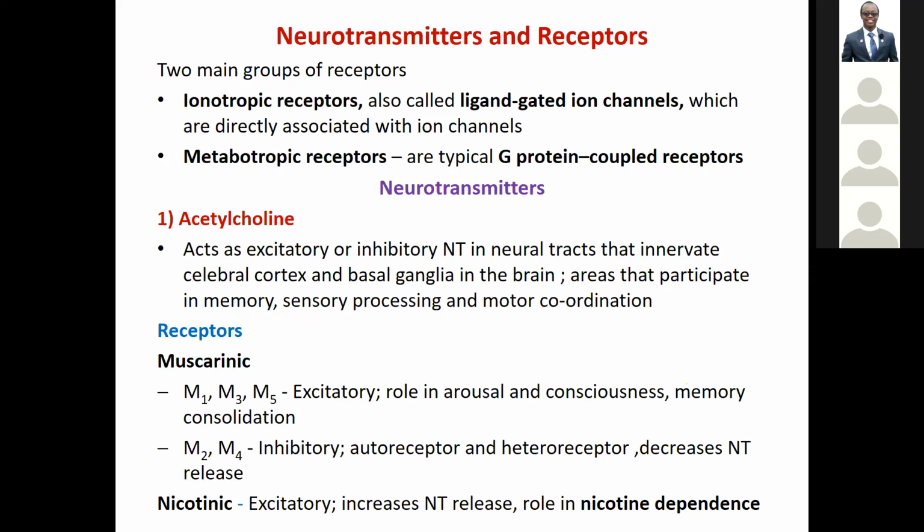Acetylcholine is one of the neurotransmitters. Later, we shall be looking at certain conditions like Alzheimer's, which we have looked at. I'd like you to go through these receptors and understand their role so that when we get to the conditions whereby you have an effect on the nerves that encode for these neurotransmitters, you can easily understand.